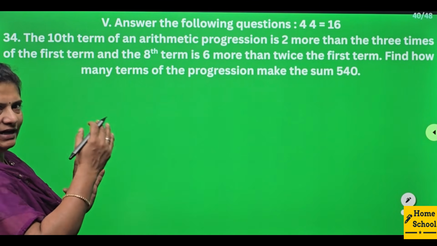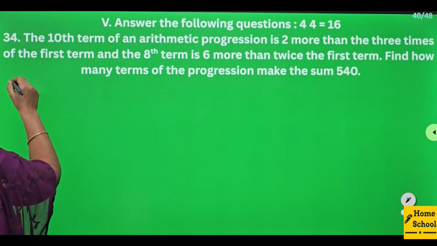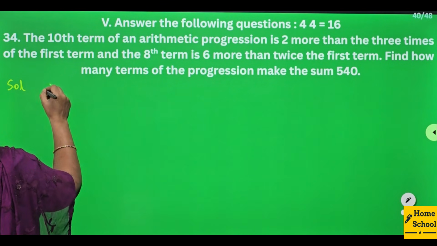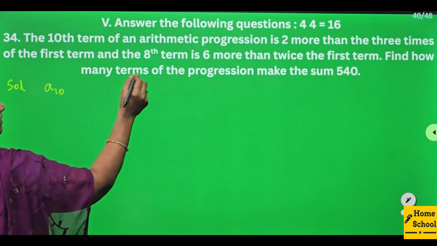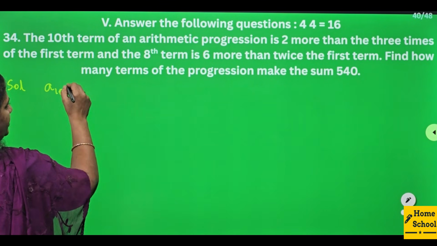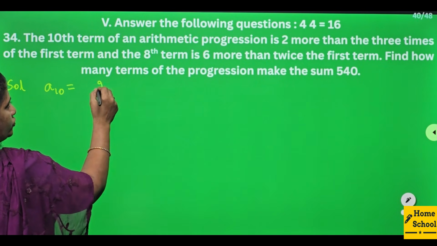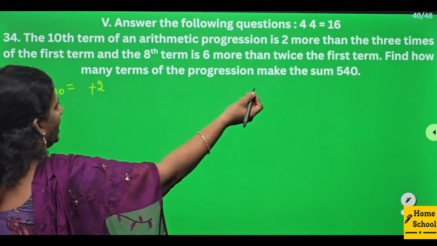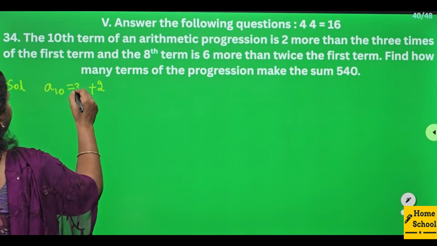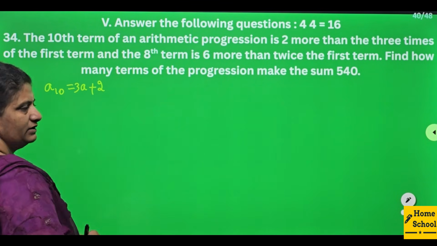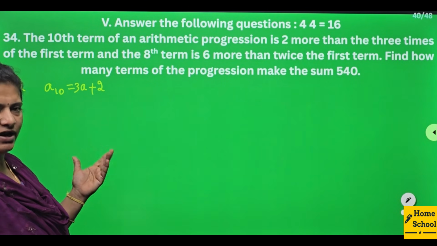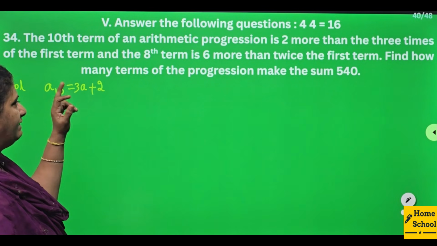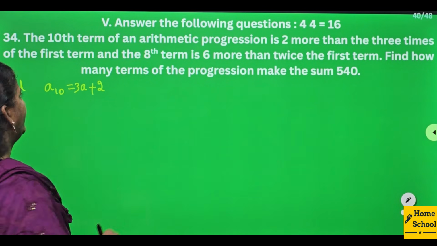While reading, I'll try to answer here. The 10th term, that means A10 of the arithmetic progression, is 2 more, that means plus 2, than 3 times the first term. Let the first term be A or A1, you can write. Therefore, the 10th term is 2 more than 3 times the first term.